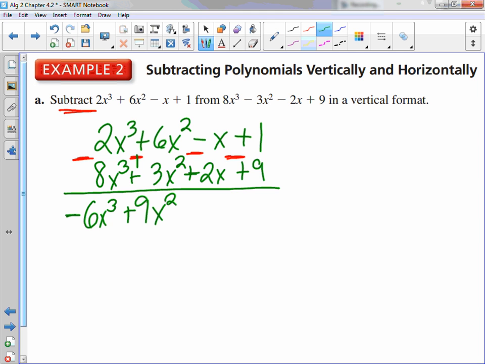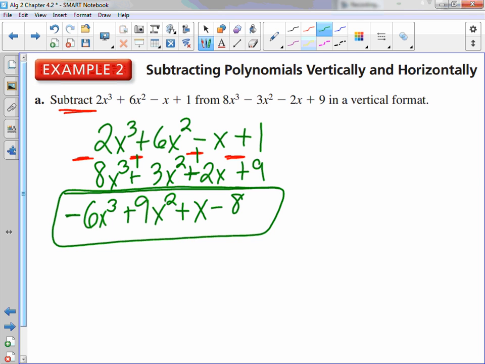Well, the negative and negative would make a positive, which would be plus x, because negative x plus 2x, 2x minus x would just give us positive x. And last but not least, 1 minus 9 would be negative 8. And that's it. That's all we have to do for this here.